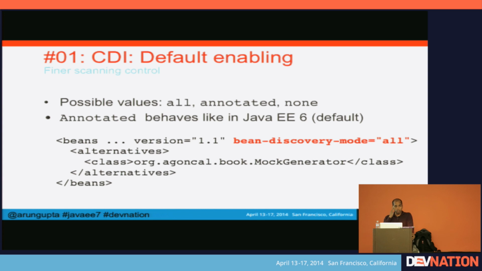If you say all, then every bean in the WAR file is available for dependency injection. And by none, you mean turn off dependency injection, no CDI enabled for this particular archive. And this is not just for a WAR file, although I'm saying WAR file; whether it's WAR, EAR, or JAR, it governs the scope that way.